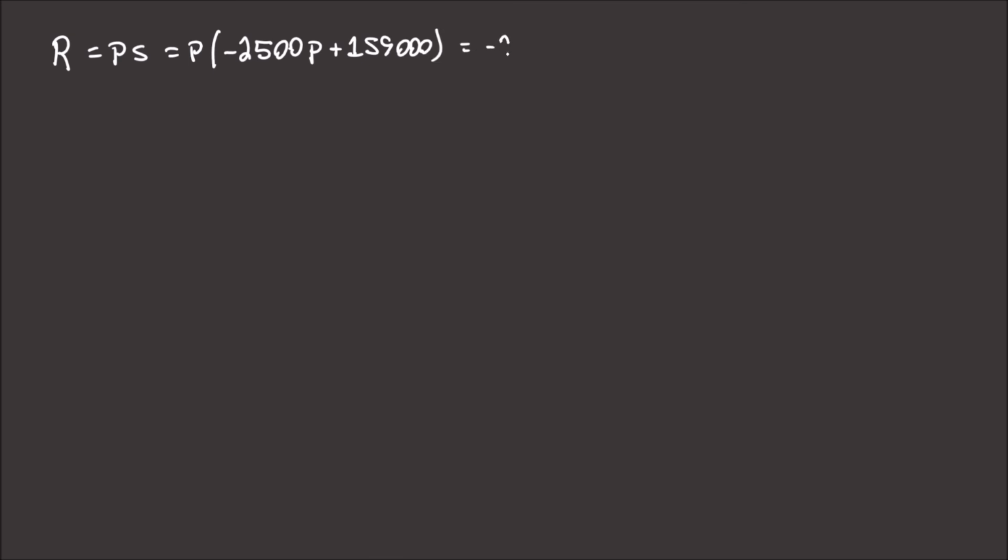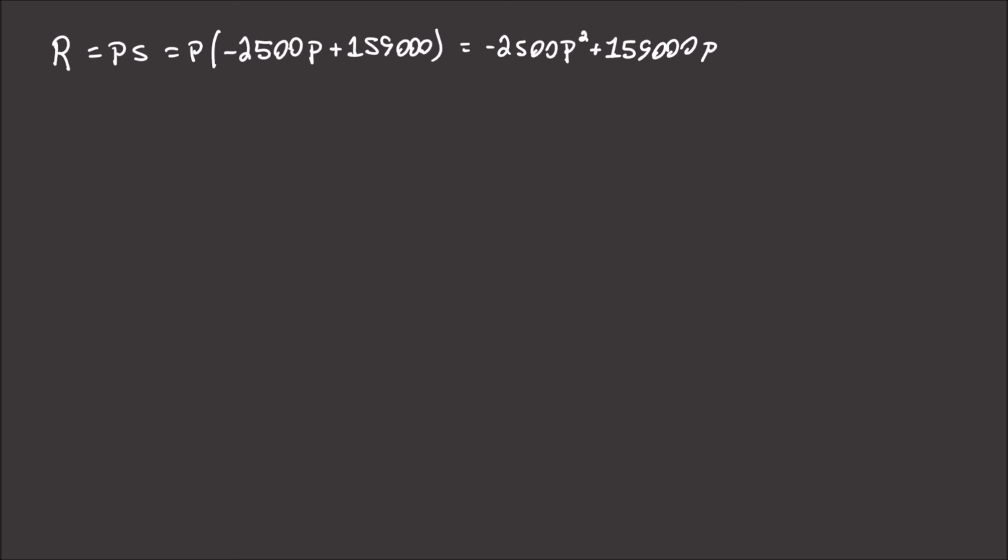So we get negative 2,500p squared plus 159,000 times p. Now we notice that a is negative 2,500, so this parabola is going to open downwards, which means the vertex is a maximum.